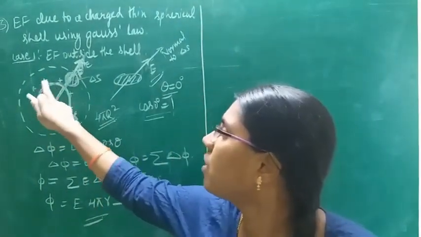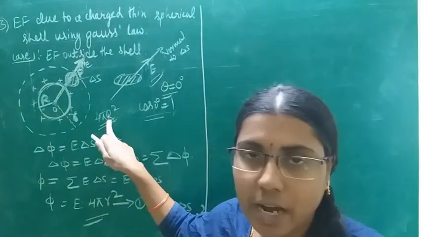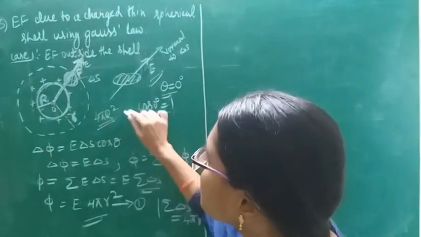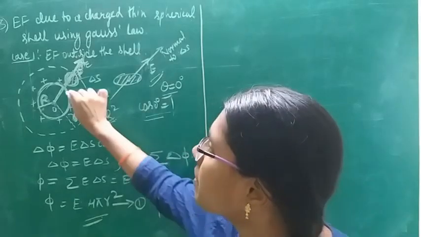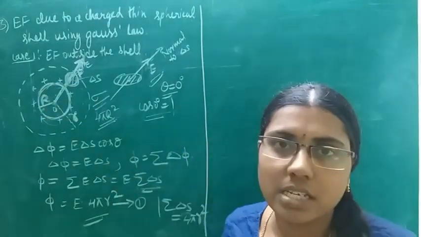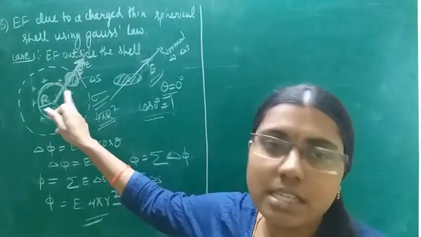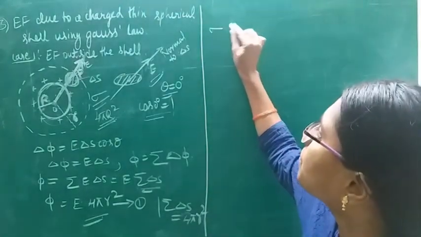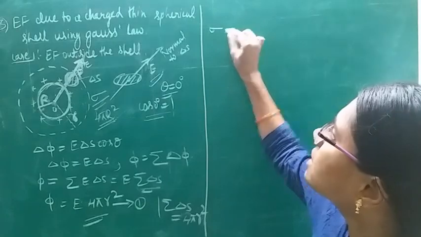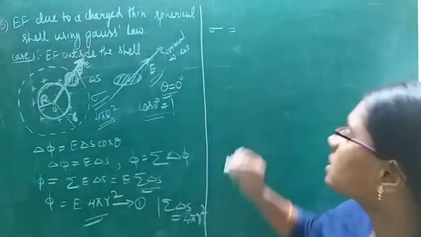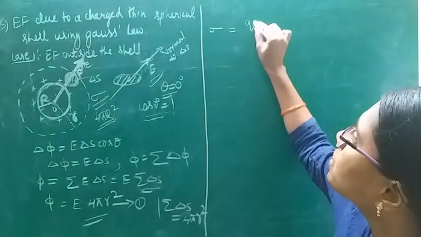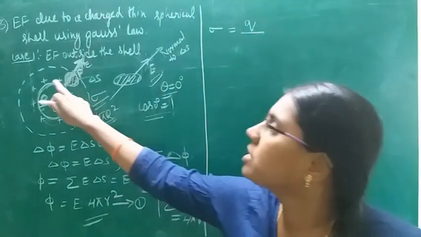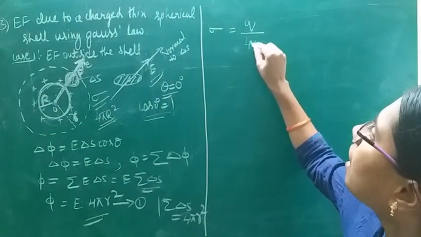Let us consider the surface charge density of the spherical surface as sigma. Okay. So from the definition, surface charge density sigma is equal to charge per unit area, so charge by the area of the sphere, which is 4 pi r square.